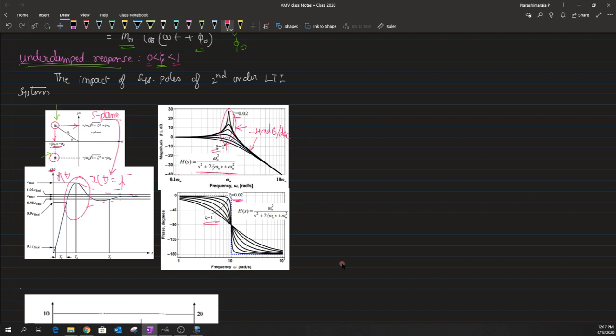It is only for an underdamped response that we have this resonance, or we call this particular frequency at which the peaking happens the resonant frequency. So we have this resonant frequency term appearing only for a system that has an underdamped response, and it will not appear for other types of responses. Okay, so let me write that. It is only for underdamped response.